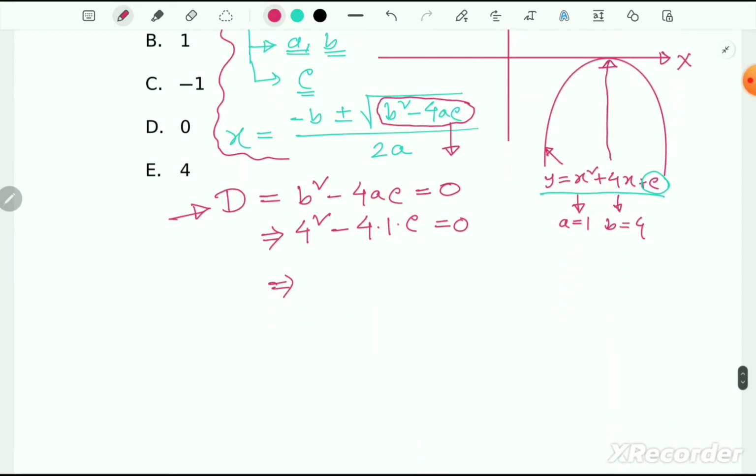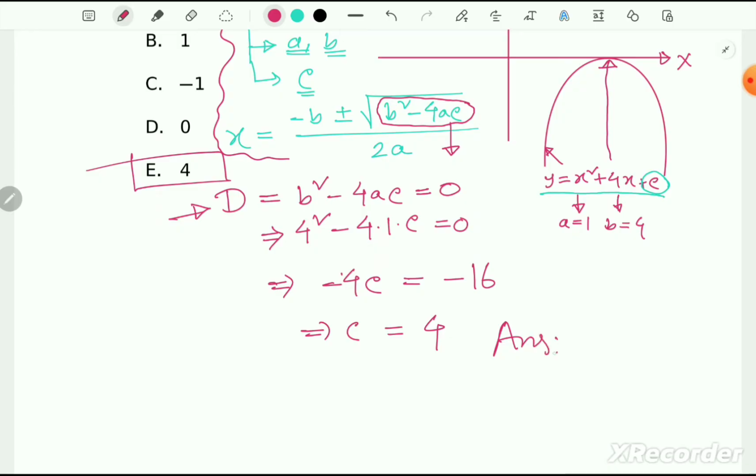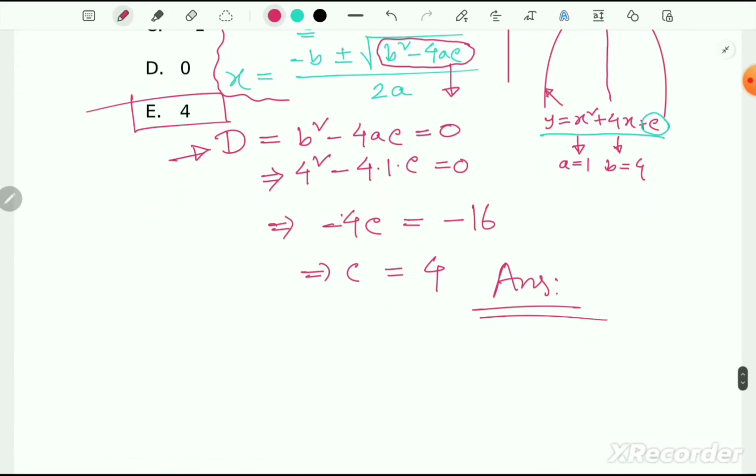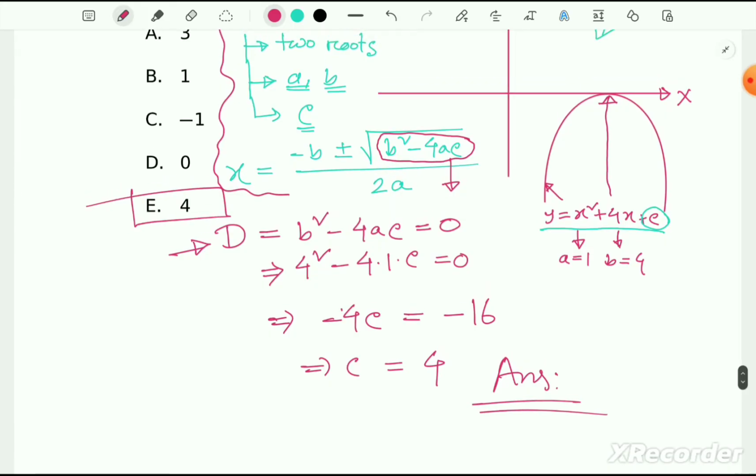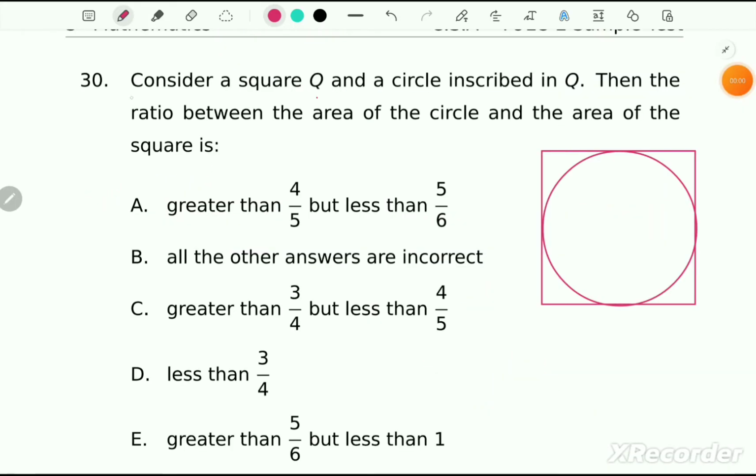Therefore we can calculate minus 4c equal to minus 16. Therefore c equal to 4. So our answer is 4. If you have any questions, please let me know. Next, let us proceed with the next question.